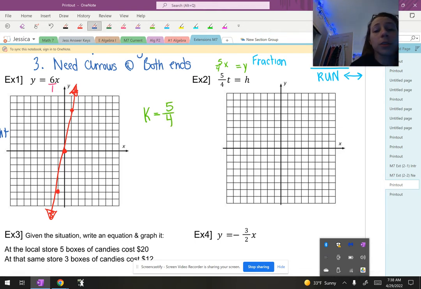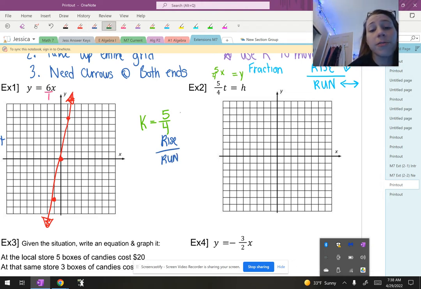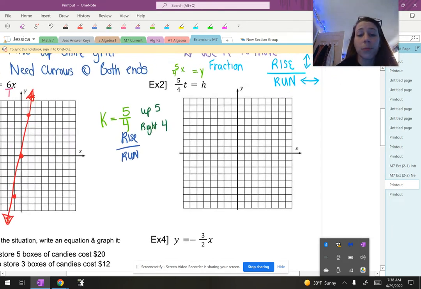And remember, we're looking at that rise over run. So that tells me, because it's a positive 5, I'm going to be going up 5 and right 4, because that's the positive way.